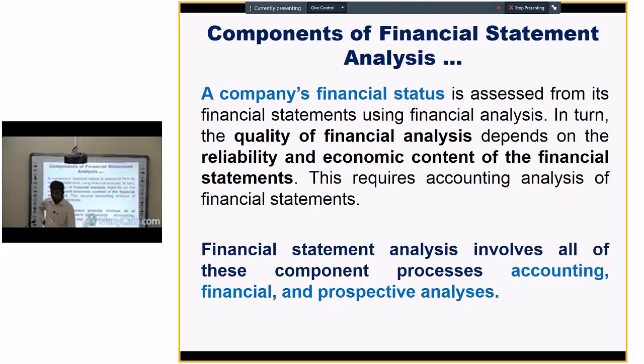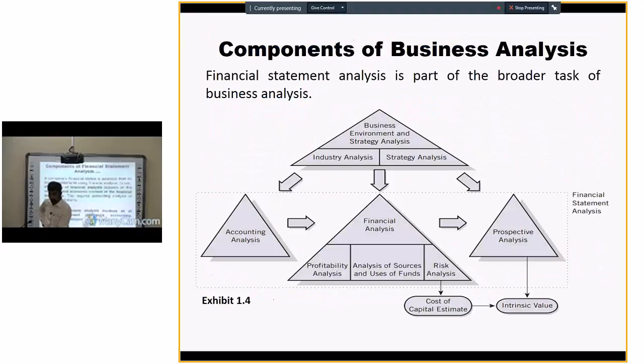Then financial statement analysis involves all of these component processes: accounting analysis, financial analysis, and prospective analysis. These are the components of financial statement analysis, right?